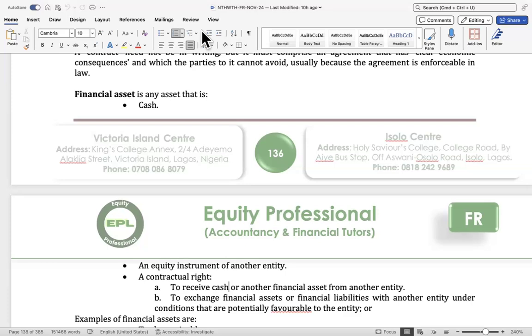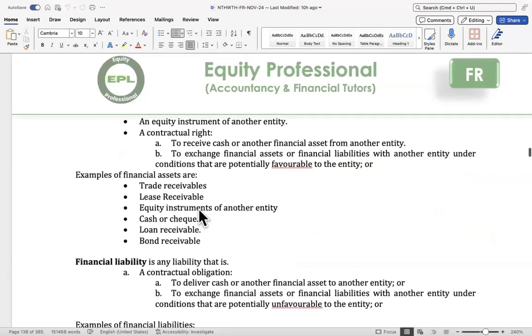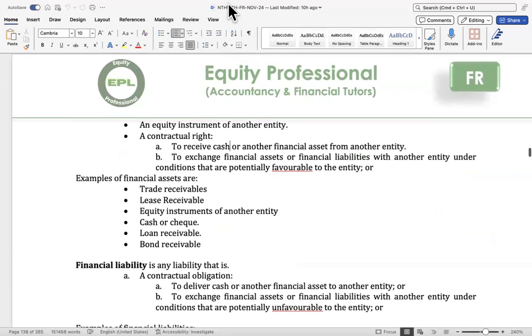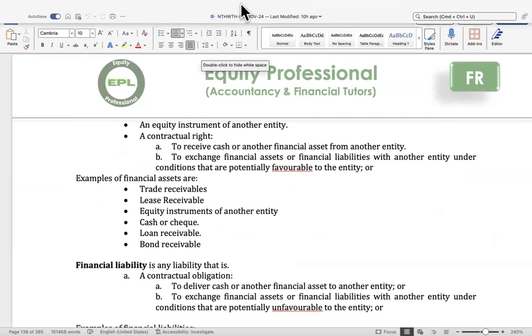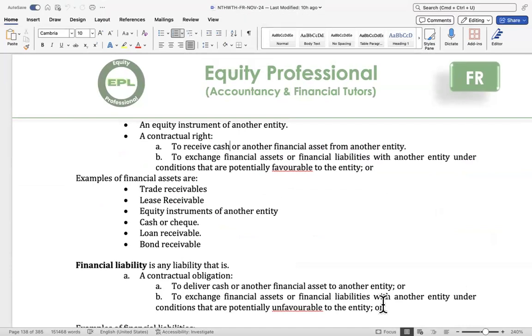So my question is, can you classify that deferred revenue or contract liability as a financial liability? No, we can't. Why? To me, you can because it goes along with financial liabilities with another entity. No, I've told you that we should leave this one.